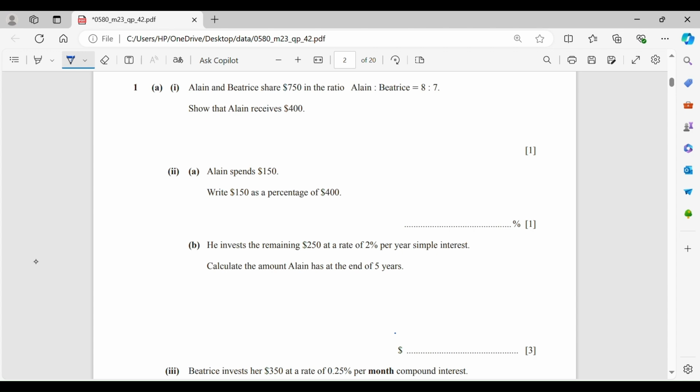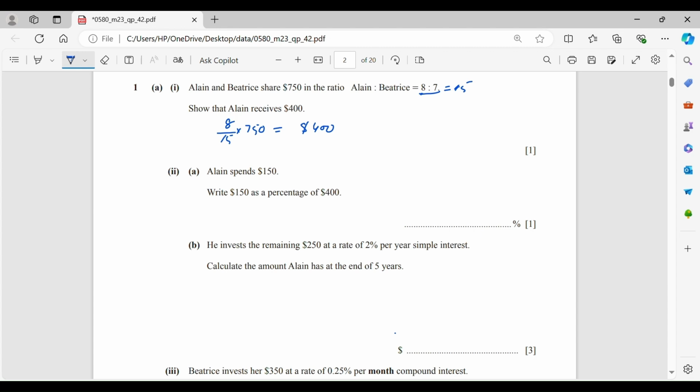She will receive 8 by 15 of 750. The total is 8 plus 7, which is 15. So this will be 8 by 15 into 750, which will be equal to $400.